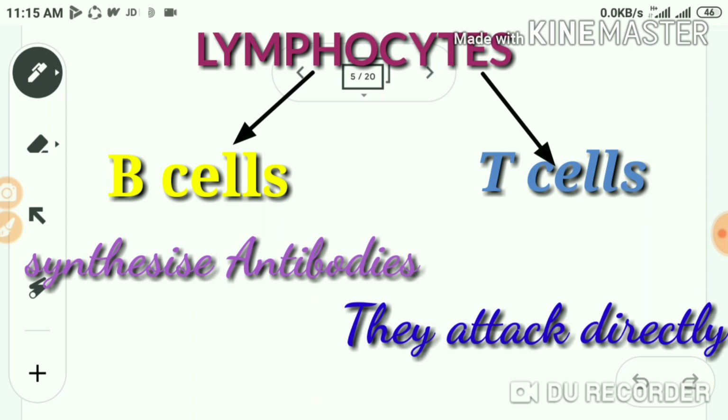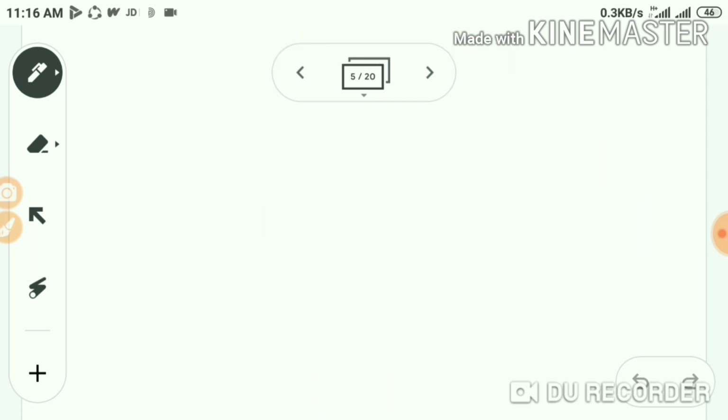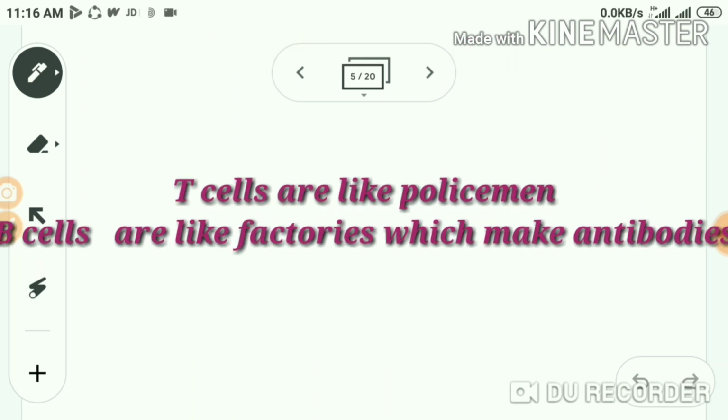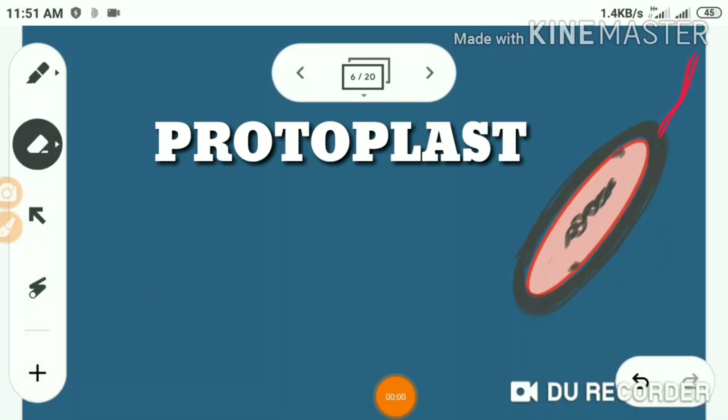We can compare the T cells to policemen, but the B cells are like factories where weapons are manufactured. Here, the antibodies would not get access to the bacteria due to the presence of the capsule. So, bacteria with outer capsular protection get protection against antibodies.